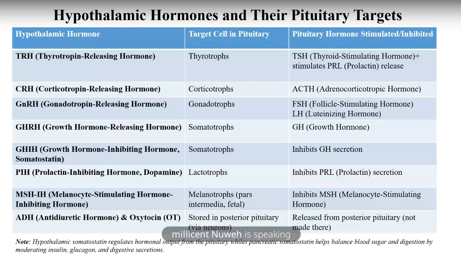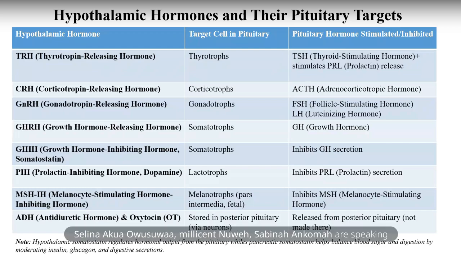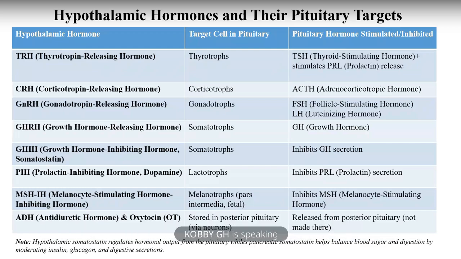The anterior pituitary. Which gland produces adrenocorticotropic hormone? Which gland produces somatostatin? The anterior pituitary.